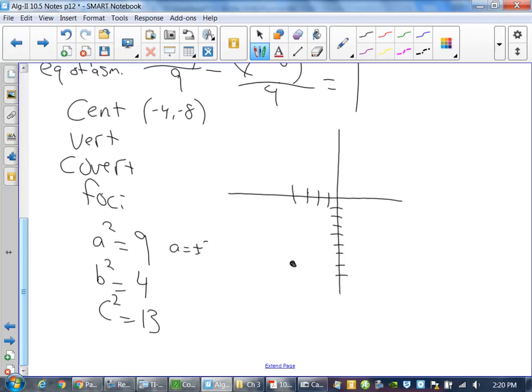A is plus or minus 3, B is plus or minus 2, C is plus or minus square root of 13. So we said it was left and right. So I have vertices then at -1, -8 and -7, -8.